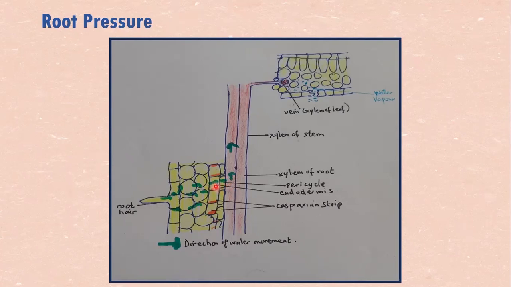Because the endodermis actively pushes salts and ions into the xylem, the xylem becomes more salty. That is, the osmotic potential of the xylem increases and the water potential of the xylem in the root decreases. So more water rushes from the cortical cells into the xylem of the root. And that is what builds the root pressure, which also assists in pushing water a little up the xylem of the stem.